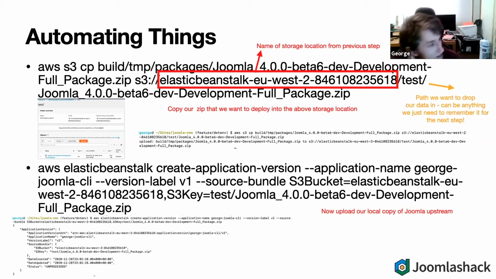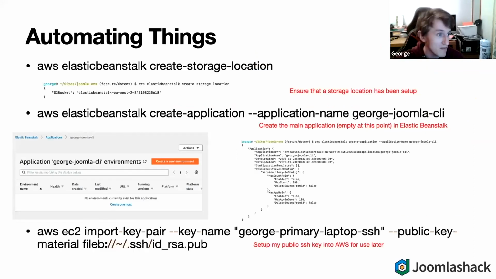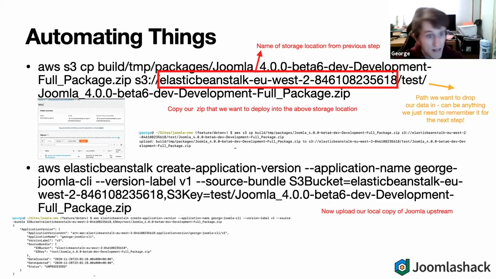So we say AWS S3 copy my local zip file, which was in my case in build temp packages, up to the S3 bucket that we got. And that's just copy pasted from the string we got back in the very first step on this slide. I dumped it in a folder test just to prove that it can be in any folder. It doesn't really matter. It could just be in the root as well. It could just be the bucket name and the zip file name. Doesn't matter. And we upload it.